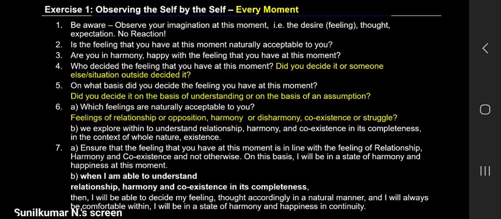So to be in harmony, I need nothing from outside. So in coexistence of space, I can be in harmony all the time. So I don't need anything from outside to be in harmony. Right?